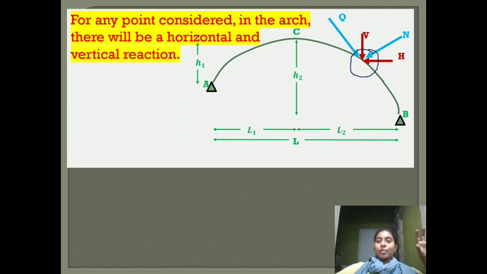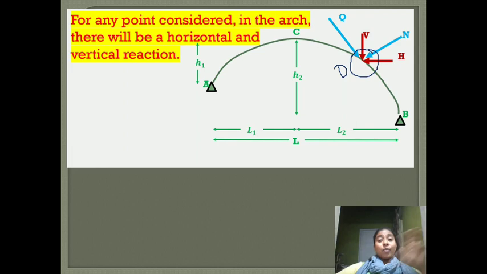Let this point be D. If this point is D, there will be horizontal and vertical reactions. It will be more appropriate to say horizontal and vertical shears. So, V is the vertical shear at D, H is the horizontal shear at D.